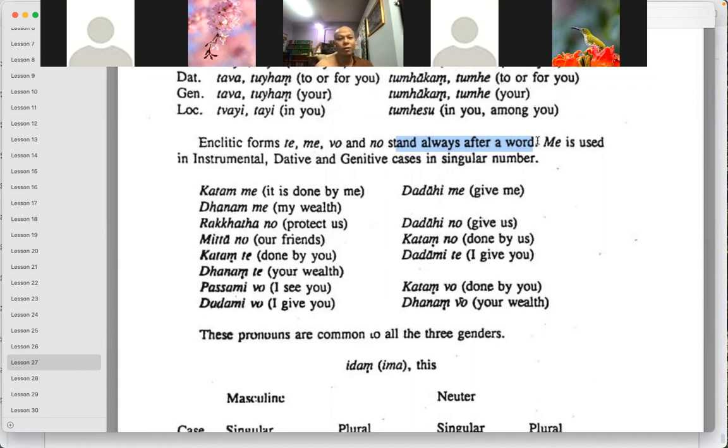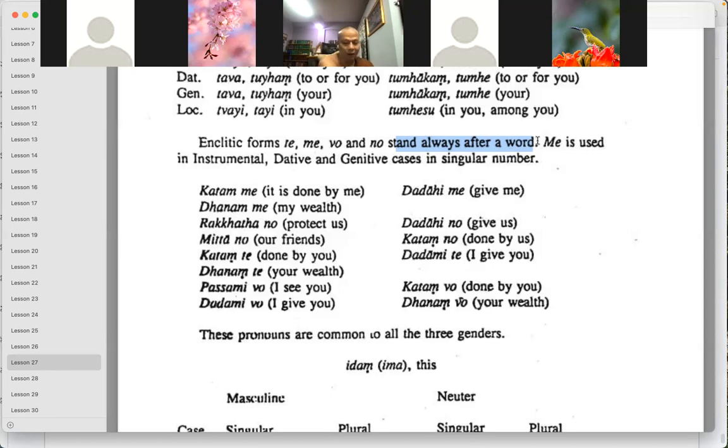So in that sentence you said also idam me punya. Idam is the first word. After that, me: idam me. We never say me idam punya or something. We never say. So that means in a sentence, me or te never starts a sentence, nor stands in the second place. So that's why it's after a word there, after idang, the word.